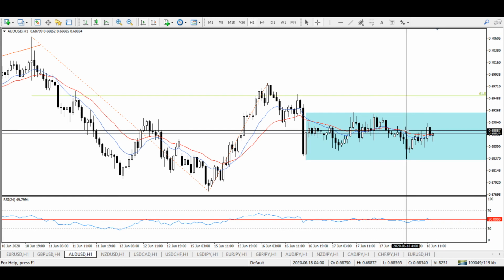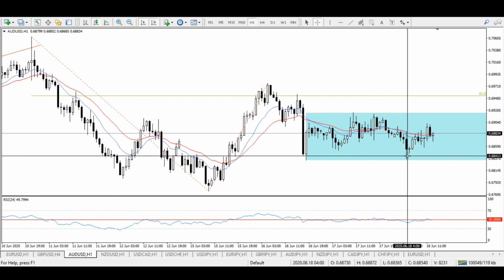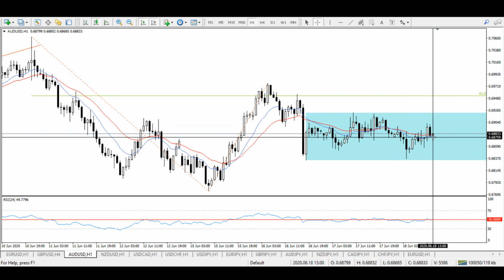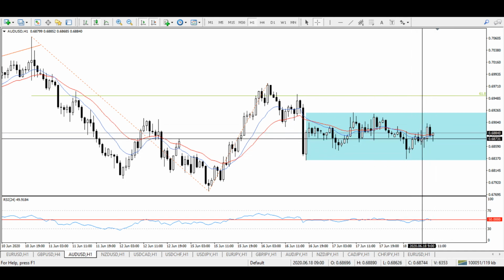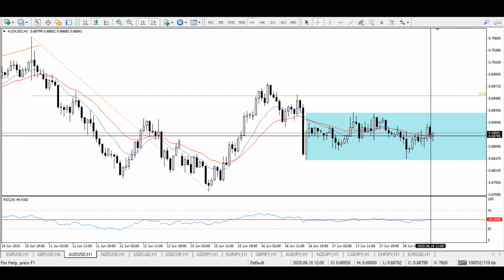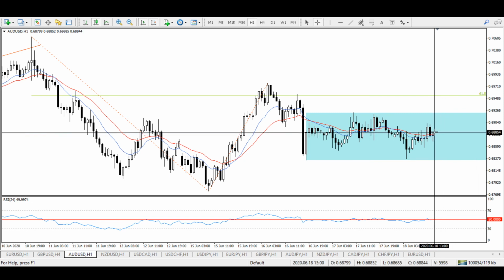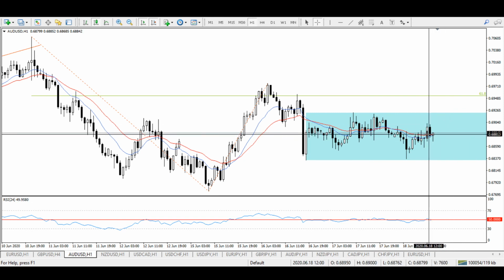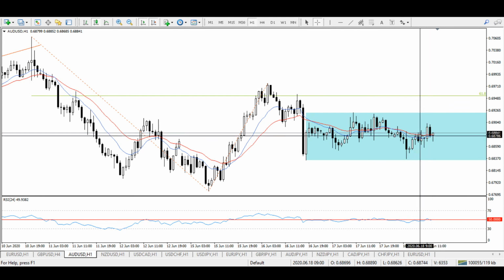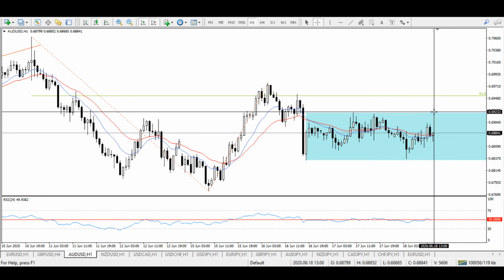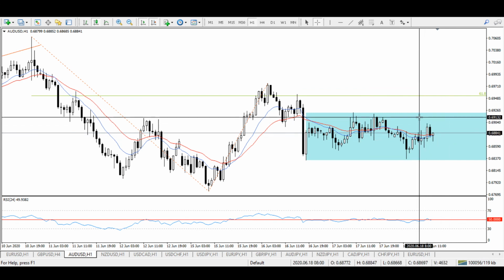After today's unemployment figure, it again fell down, but again took support at the same area. So this is showing that the Australian dollar is really reluctant to fall further. So anything which will support Australian dollar, maybe neutral, firm, or maybe a slightly hawkish tone from Philip Lowe, that will give enough bullish force to Australian dollar to break to the upside rather than breaking to the downside.